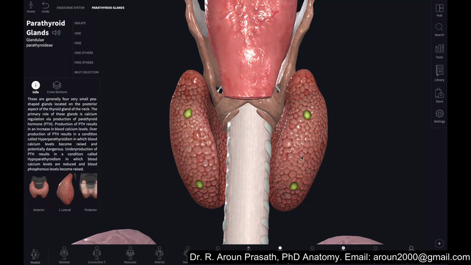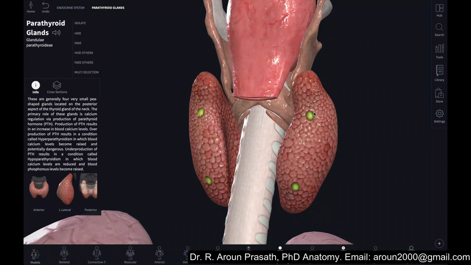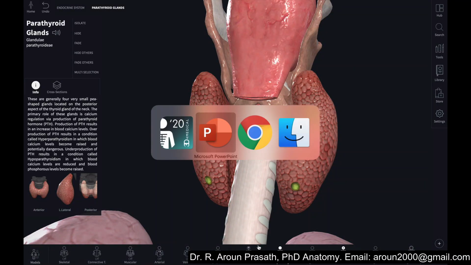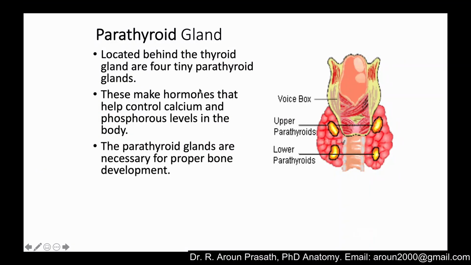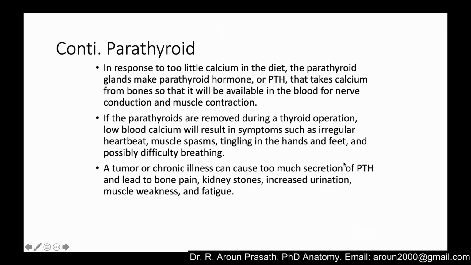Now this is the location of the parathyroid gland. As I told you, it is present in the posterior aspect of the thyroid gland. Okay, so in response to too little calcium in the diet, the parathyroid gland makes parathormone.